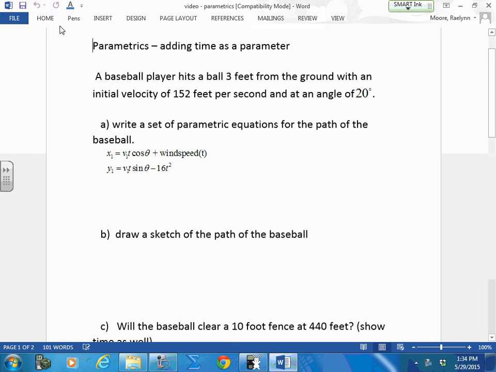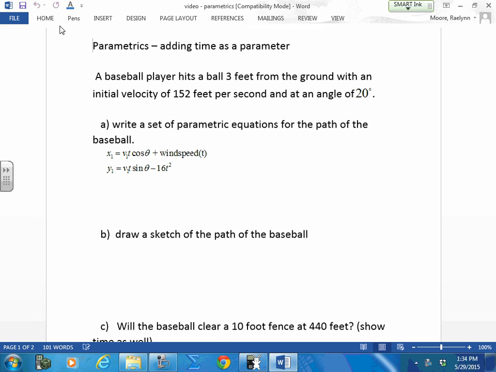For today's lesson, we want to talk about adding time as another variable, as a parameter, so that we can judge both distance, horizontal and vertical, as a function of time.